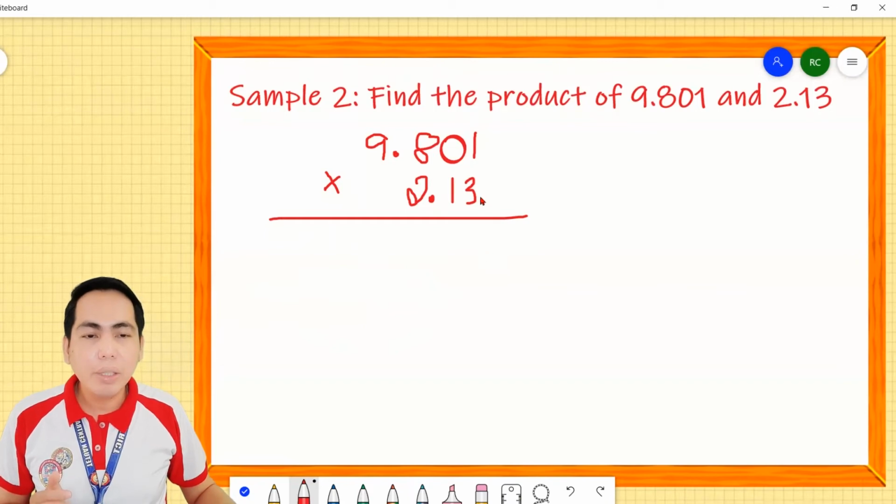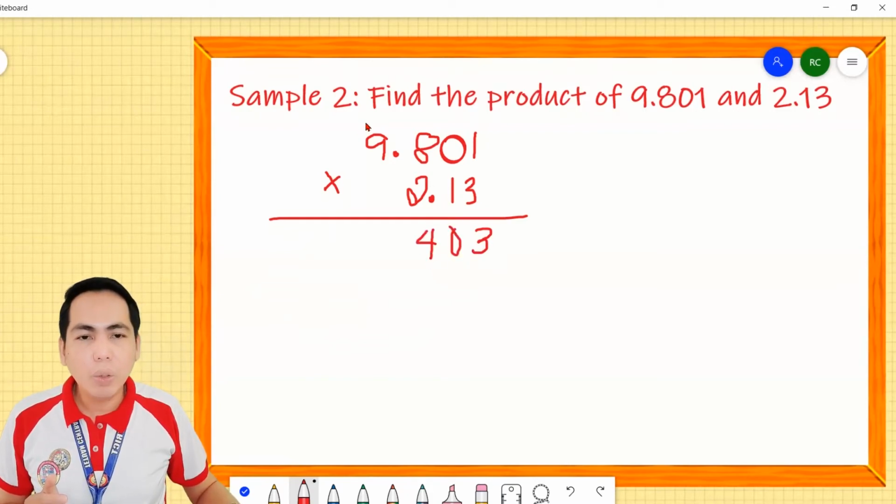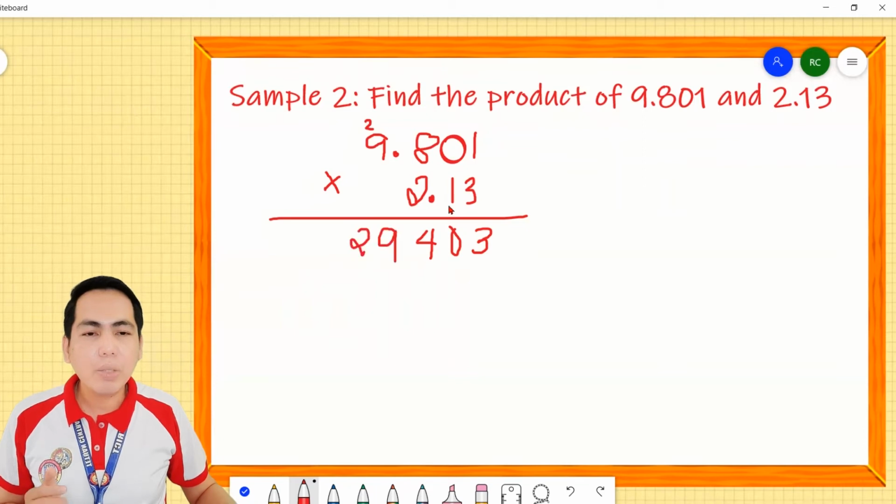So we can start multiplying. 3 times 1 will give us 3. 3 times 0 is 0. 3 times 8 is 24. So 4, regroup 2. 3 times 9 is 27 plus 2 is 29. Next, we are going to multiply the digit 1. So 1 times 1 is 1.